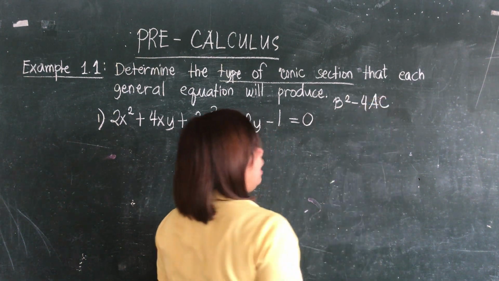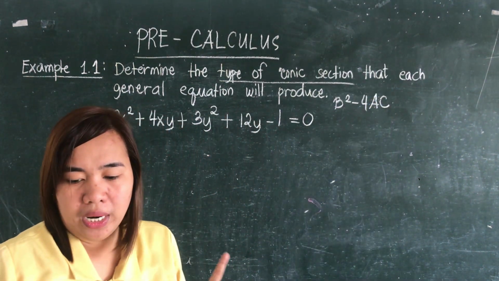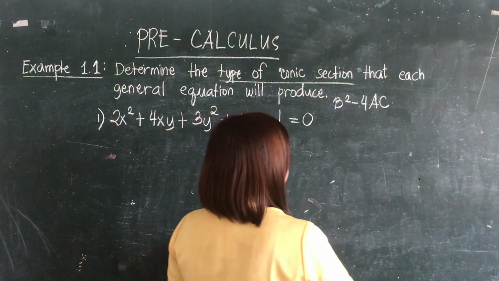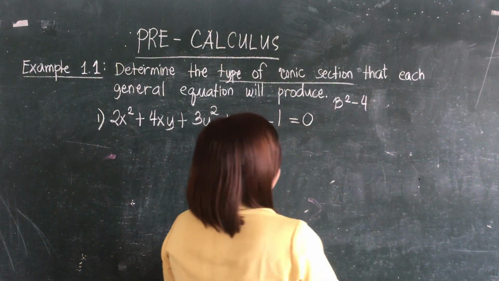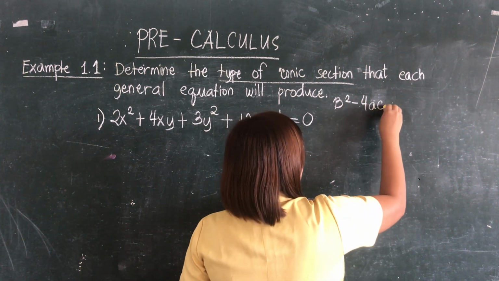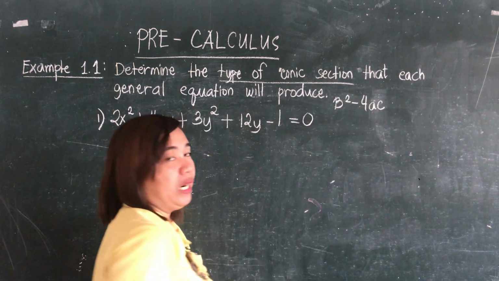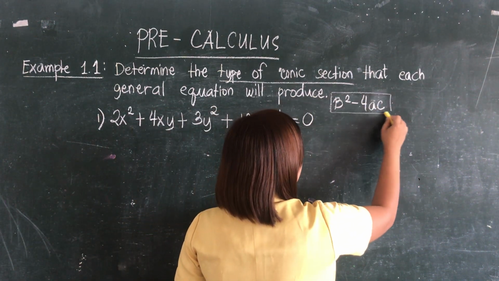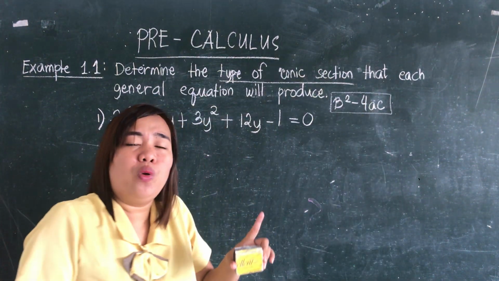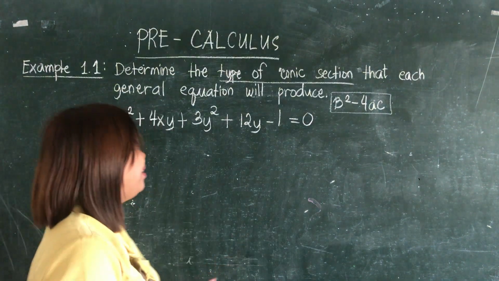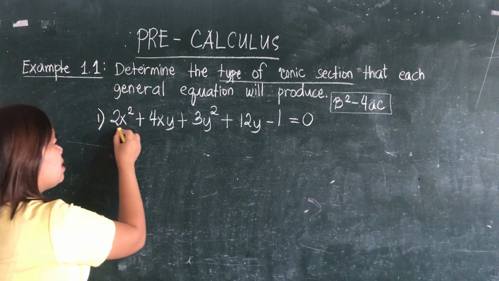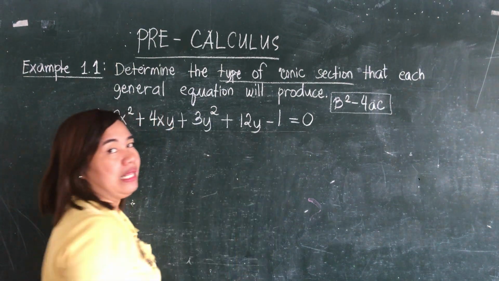So to find the value of b squared minus 4ac, we can have that, or also the small letter a and c. So b squared minus 4ac. If we have the value of b squared minus 4ac, it will be easy for us to determine the type of conic section that this equation represents.